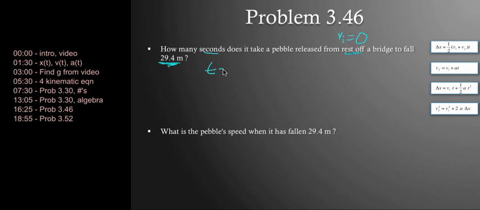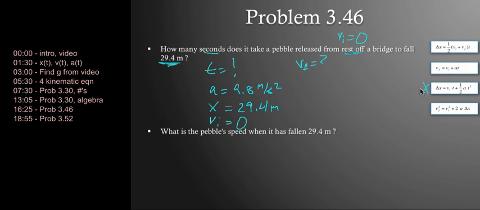So we want to find t. And what we also know is that a is 9.8 meters per second squared. And here we have the distance that it fell is 29.4 meters. We also know that the initial velocity is 0. So what we don't know and don't care about is our v final.